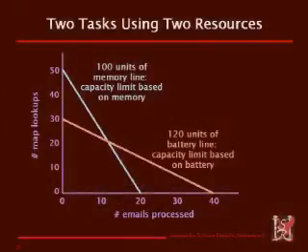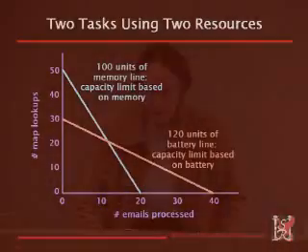I have enough memory to handle up to 50 map lookups or up to 20 emails to process per 100 units of memory, and I can have any combination of those I want, subject to half an email isn't going to be much use to me. But roughly speaking, I can pick any point along this line or close to this line.